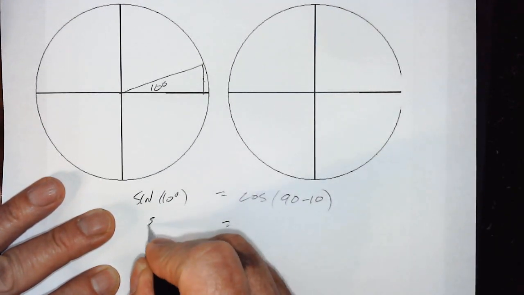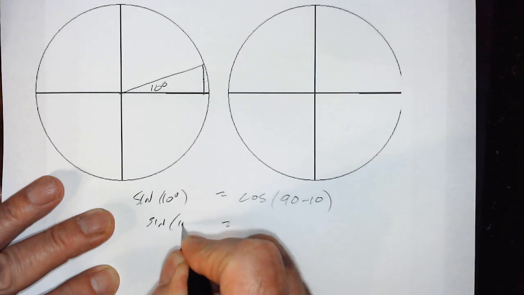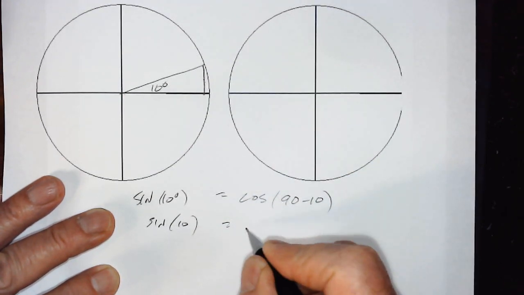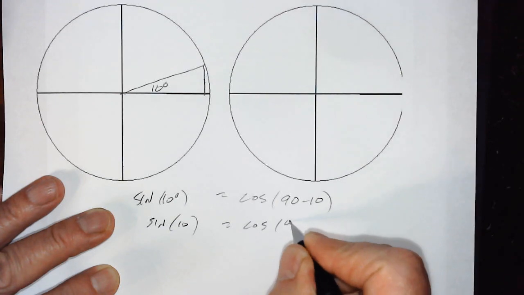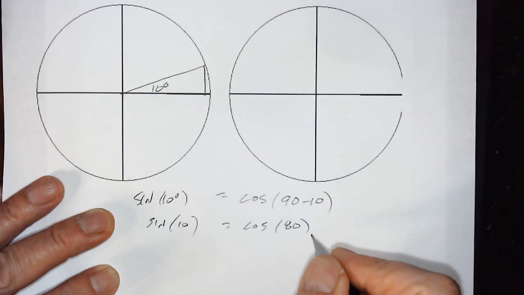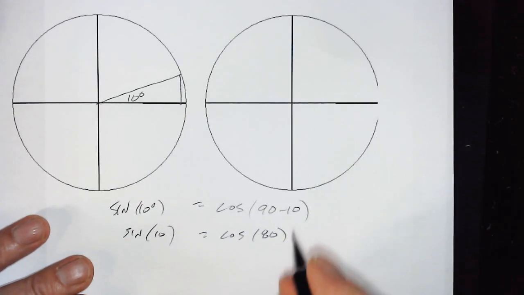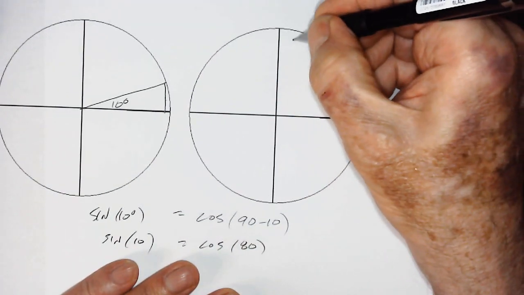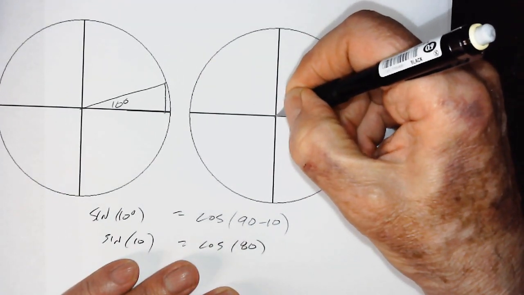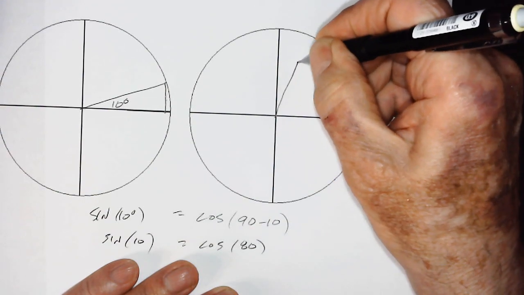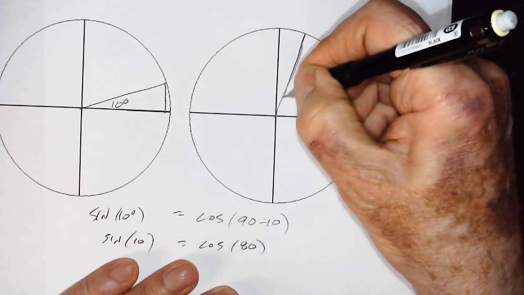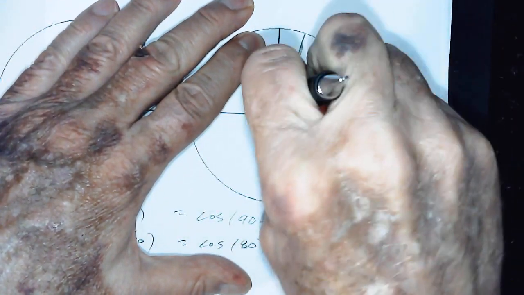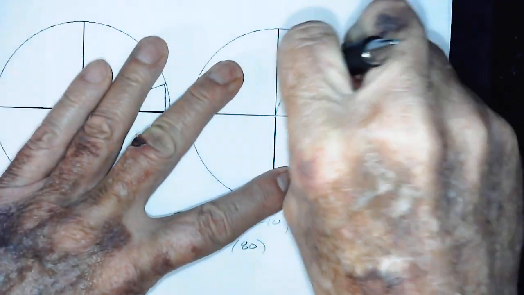In other words, the sine of 10 should be equal to the cosine of 80. And what's 80 degrees? 80 degrees is a real tall angle. It goes way up here like that.